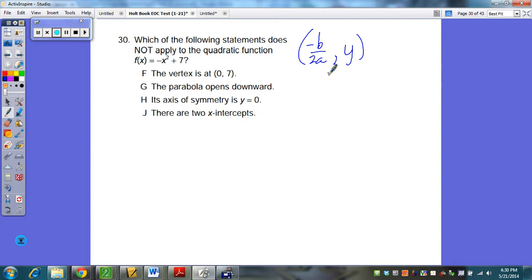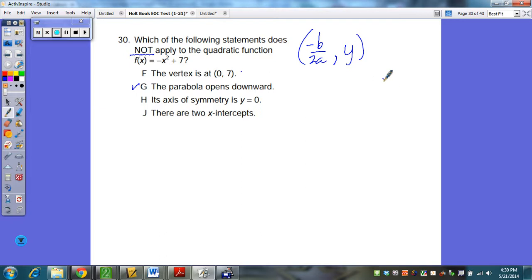Okay? So again, if I was just to look at these answers, vertex 0, 7, let's wait on that for a second. Parabola opens downward. Check. Okay? So that works. We're looking for not, by the way. Its axis of symmetry is y equals 0.